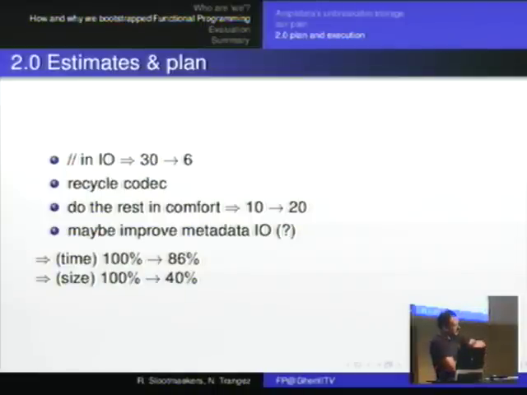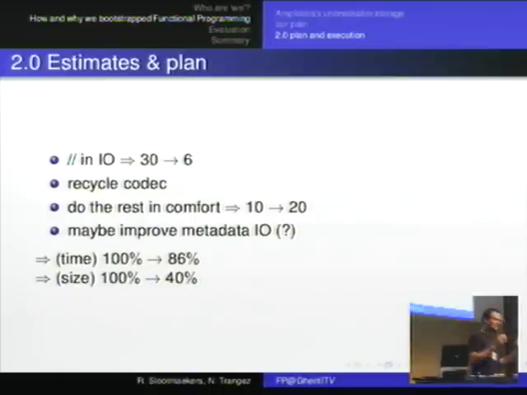And we were also planning the next version of the product. So we already had lots of ideas on how to do it better. We would do more parallel computing and concurrency in the I/O, and so the performance would go from 30% of the time to something like 6% of the time. That was our estimation. We would recycle the codec because it seemed good, and we would do everything else of the code in comfort.